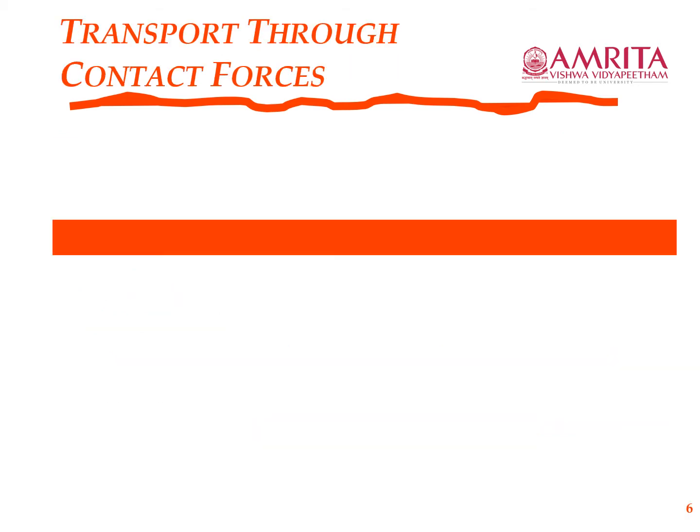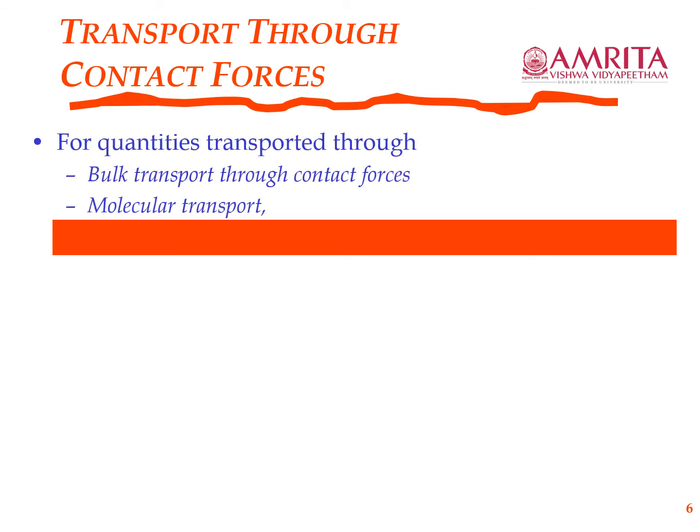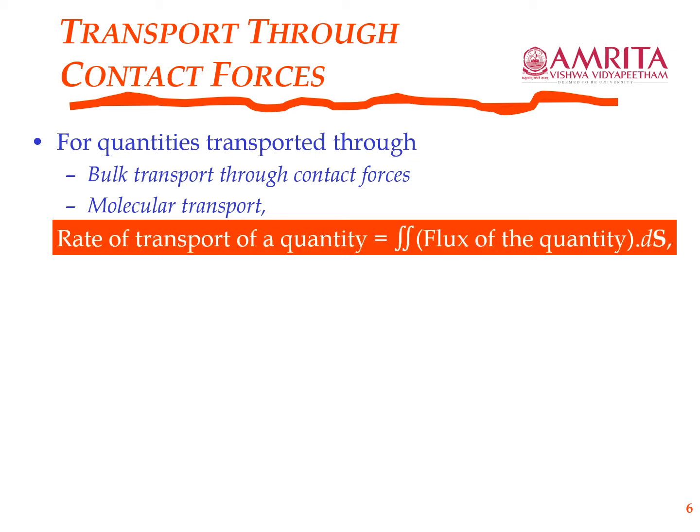So now if we were to look at transport through contact forces, for bulk transport through contact forces like pressure, or molecular transport for that matter, like friction for instance, the rate of transport of a quantity, since there is contact, we are talking about contact happening between one material and another material, so to speak.